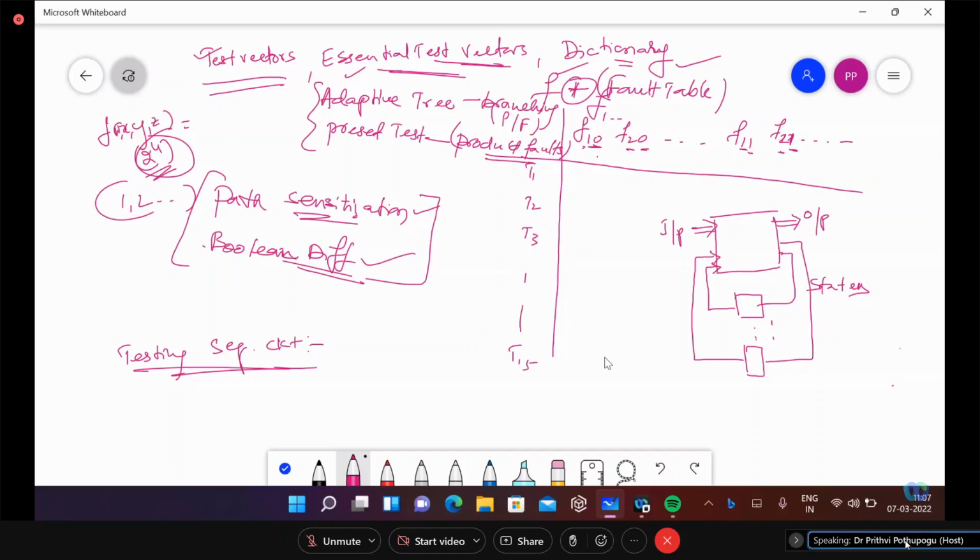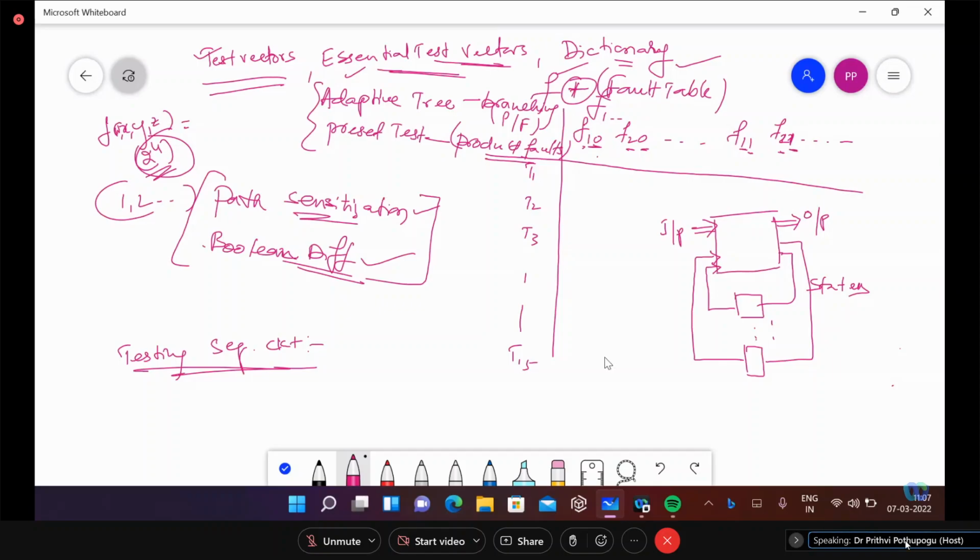Okay. And what happens is, for such type of testing, you require huge data. All combinations of inputs you need to define, and for all those combinations of inputs, you need to define the system response. That is huge data.